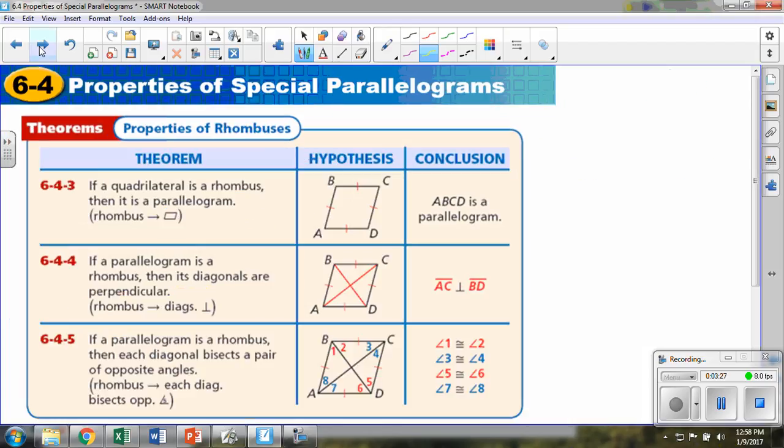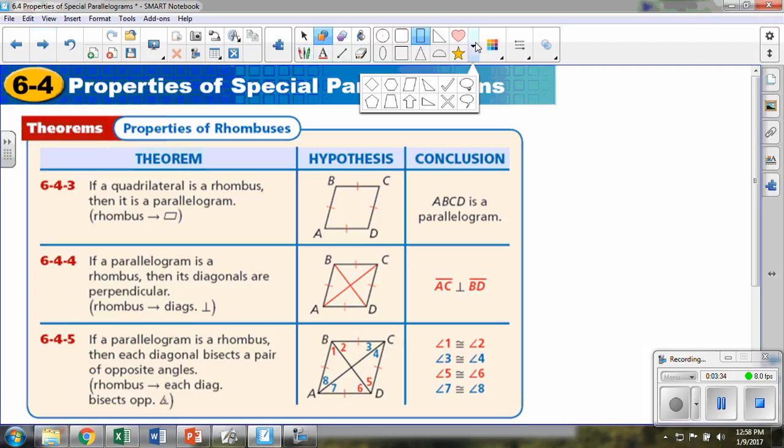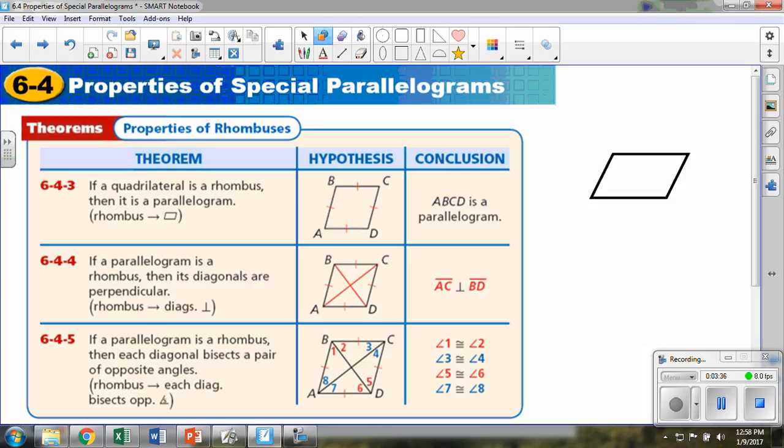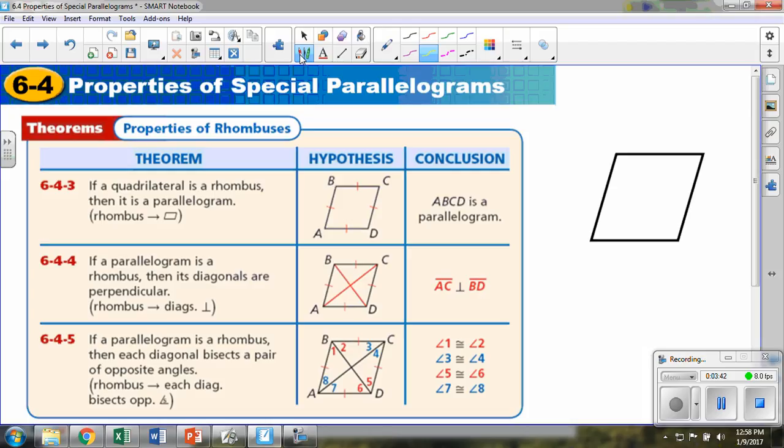The second shape that we're going to focus on, instead of being equiangular, we've got the shape of a rhombus.